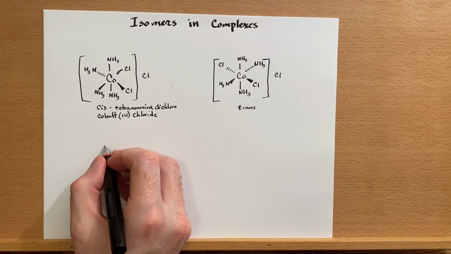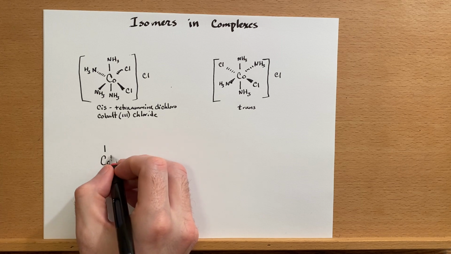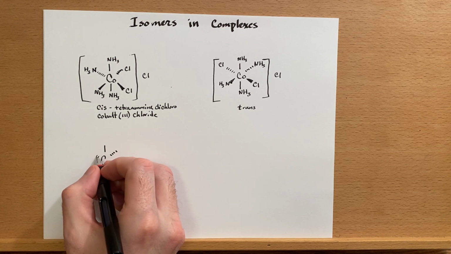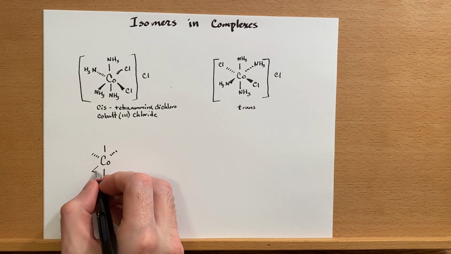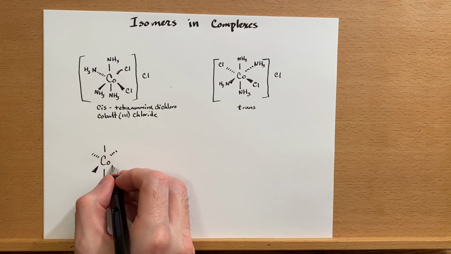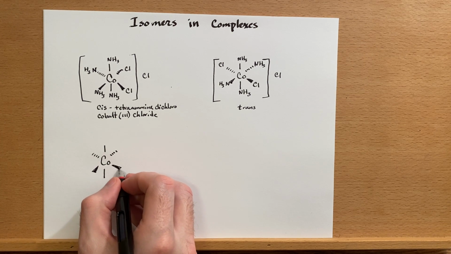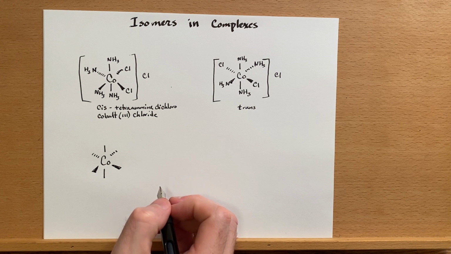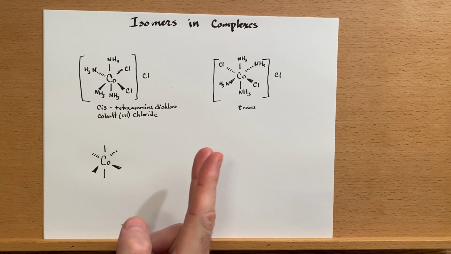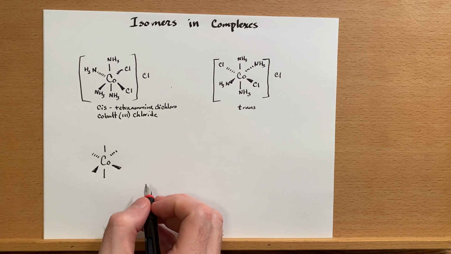So, again, we'll draw our cobalt complex. And in this case, we have 3 chlorides and 3 amines to place around the complex.